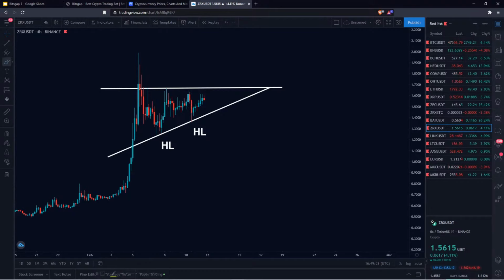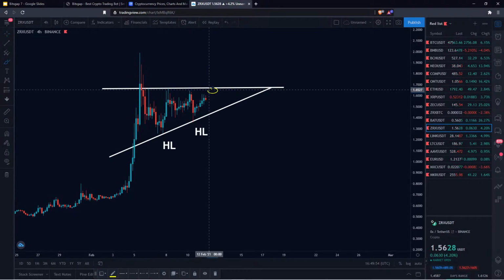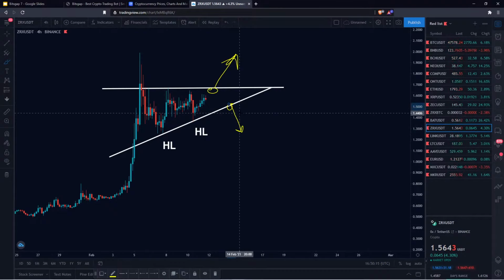So that means if we will see the breakout and the price moves higher from that point, that's going to be an upward signal for us. Well, from the statistical standpoint, most likely the rally will continue. Whereas it can be the case that it breaks the ascending support line over here, and this is going to be a bearish signal in that case.